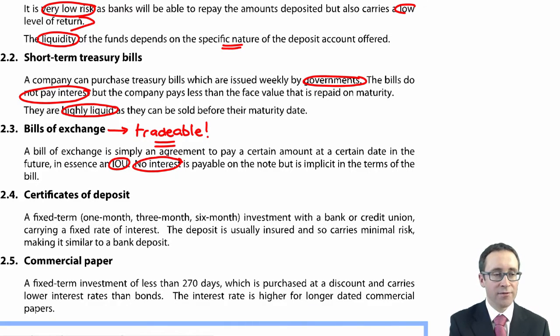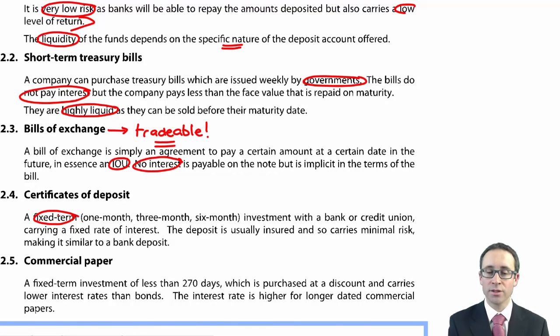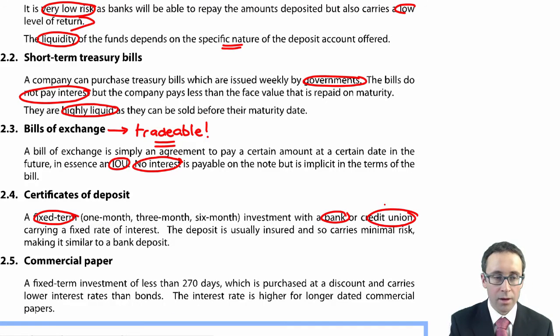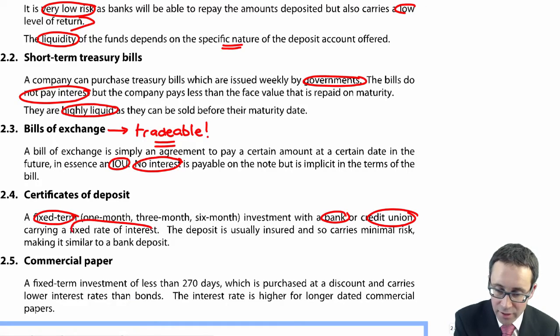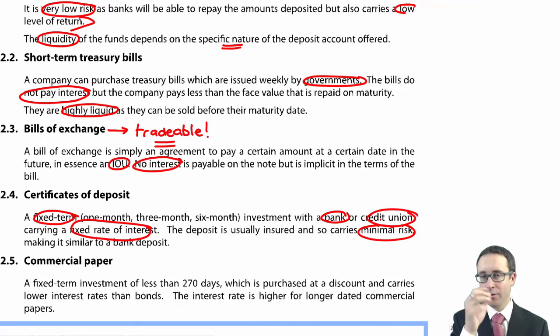Excellent. A certificate of deposit, something that's very much used in America. The key bit about your certificate of deposit is that it is a fixed term deposit that you make with either a bank or a credit union. And again, it carries a fixed rate of interest. It has minimal risk because the bank or the credit union will insure the amounts that you have deposited.